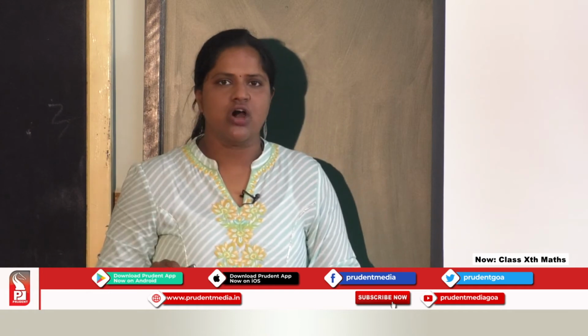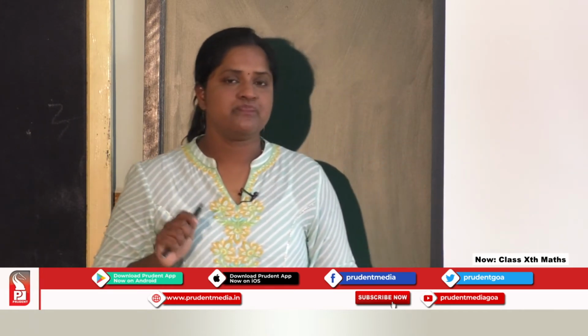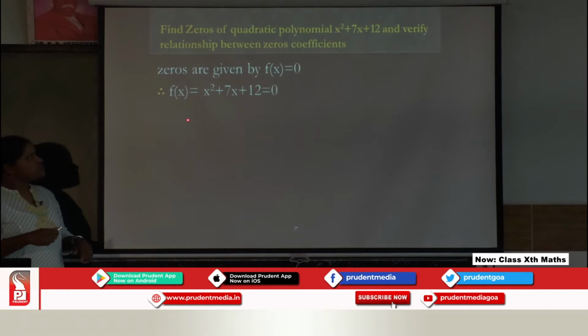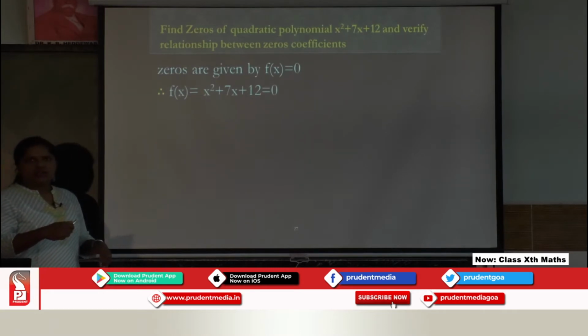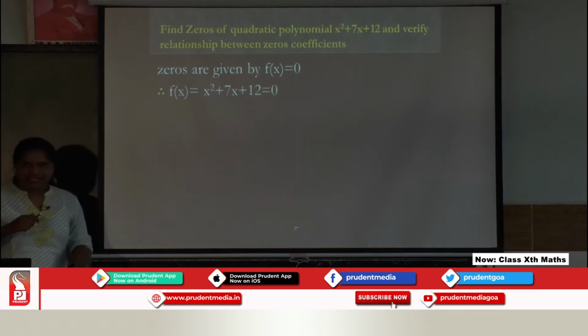Now if we recall what we have learned last time, whenever 3 terms are there, we use splitting the middle term. So I have here a, that is 1, c is 12, 1 multiplied by 12 is 12. So let's find the factors of 12 which will satisfy 7x.